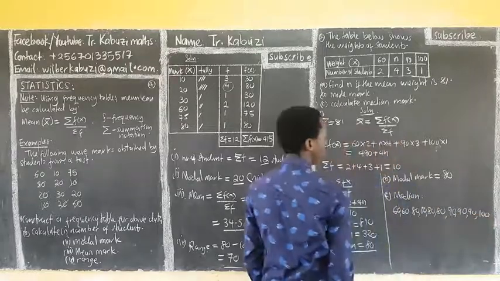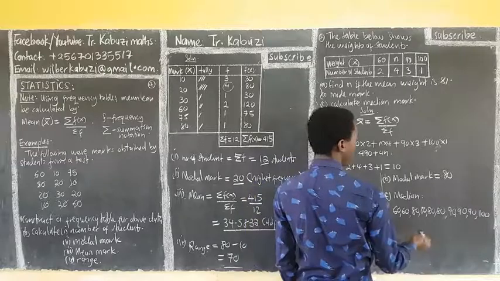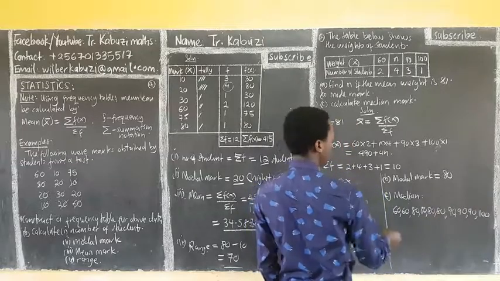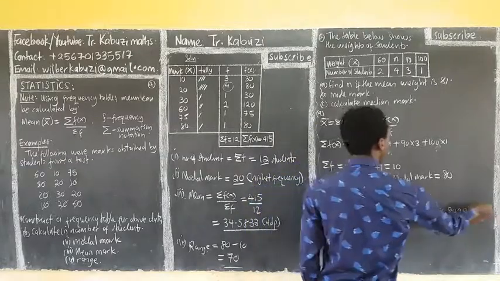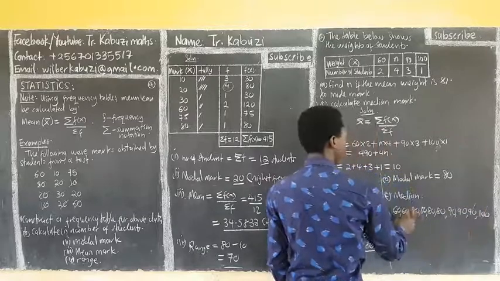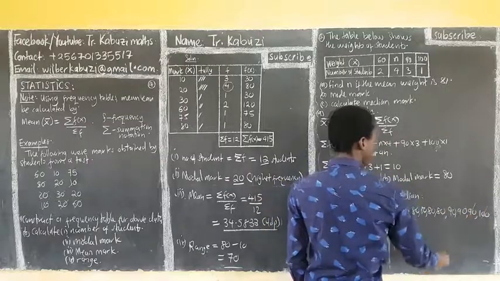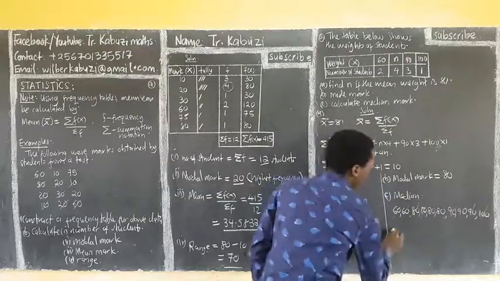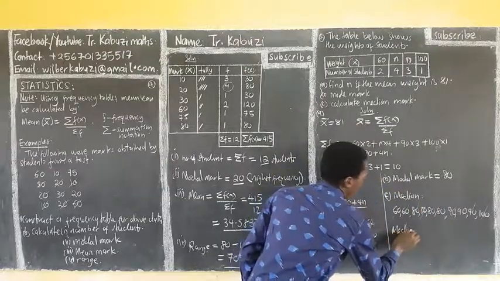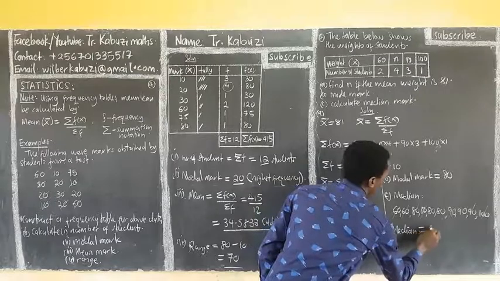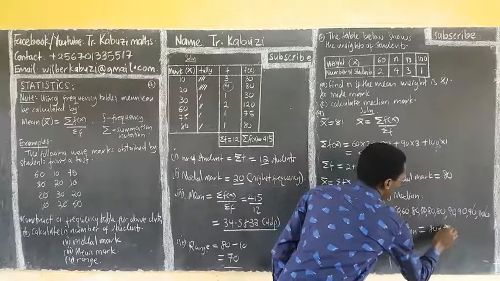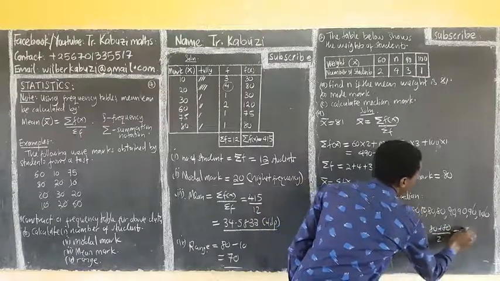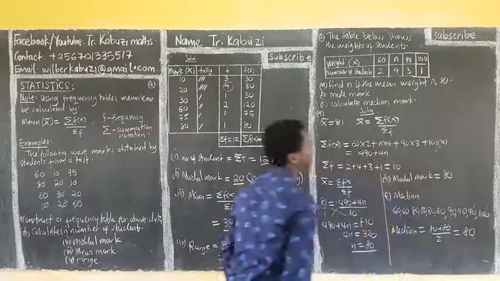So we arrange from left to right. This goes with this, this goes with this, so that I'm remaining with the 2. So my median will be 80 plus 80 divided by 2, which will be 80.